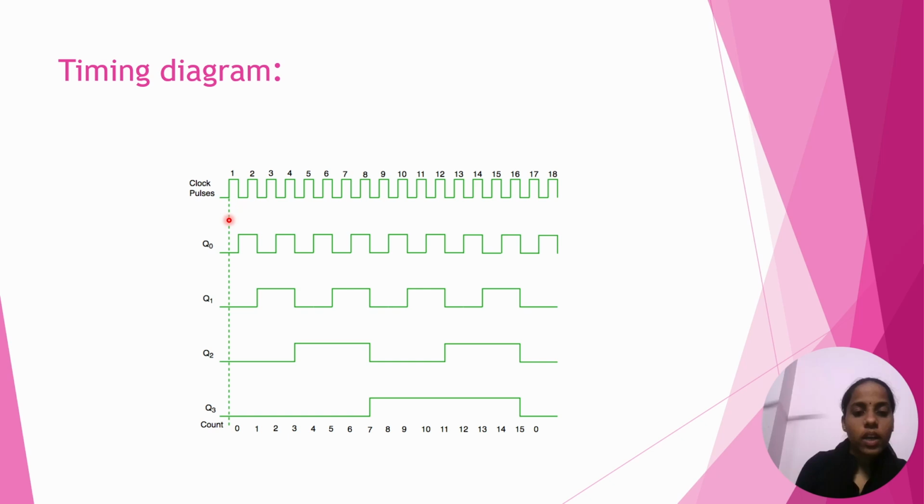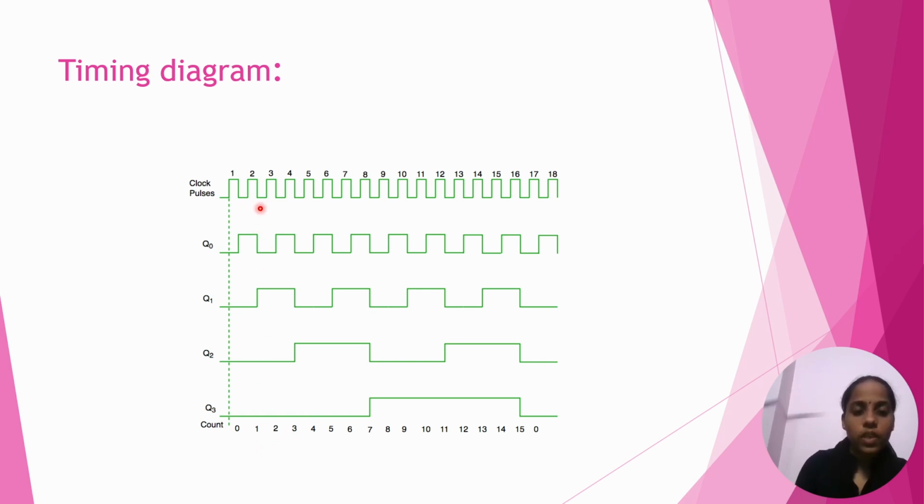At the positive edge the outputs stay 0, 0, 0, 0. Next, when the negative edge occurs, 1 is activated in this timing diagram.